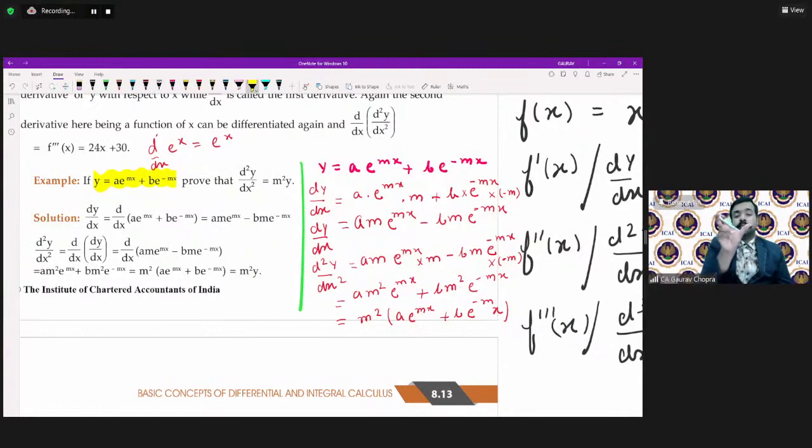So in this whole place we can write it as y. So m square multiplied by y. Hence it is proved. This is a smaller question, and of course such a question can come in the exam also.